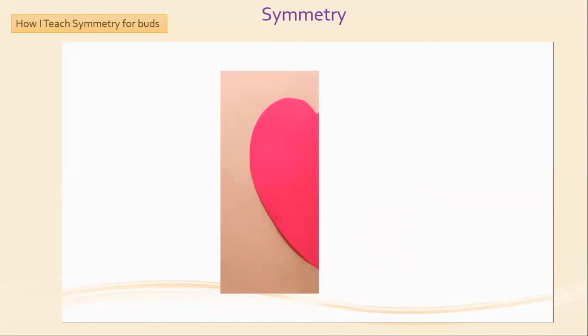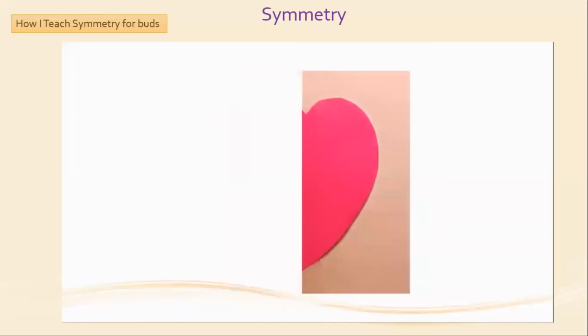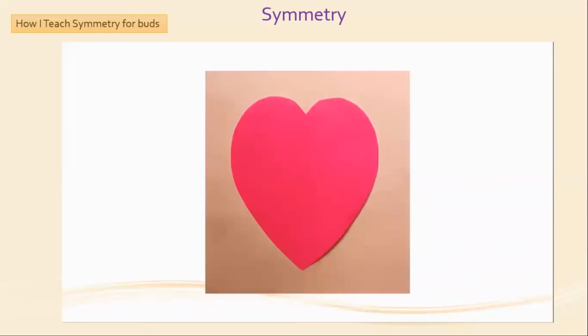So now we have one side that looks like this of the heart and I flip it over and the other looks like this. Do they look more alike now? You can see both sides are matching. Both sides are exactly the same. So they are symmetrical.